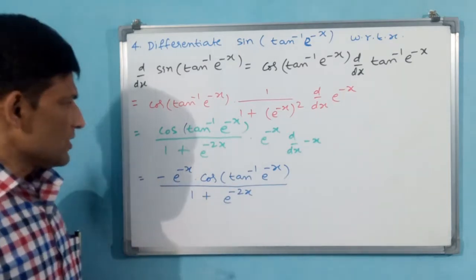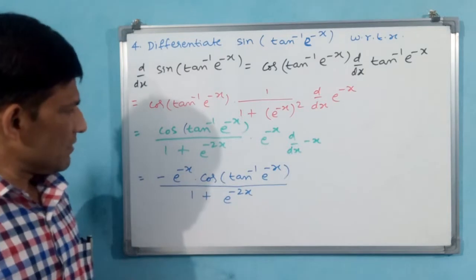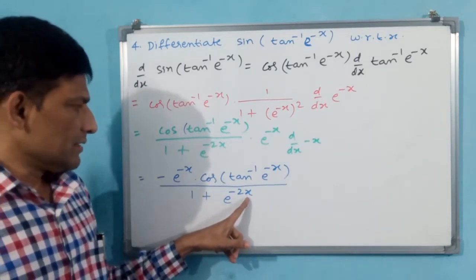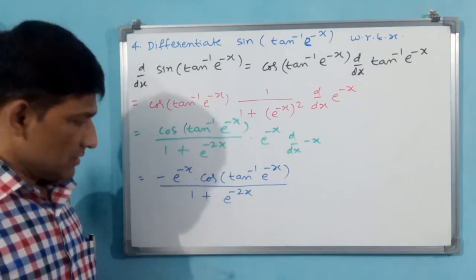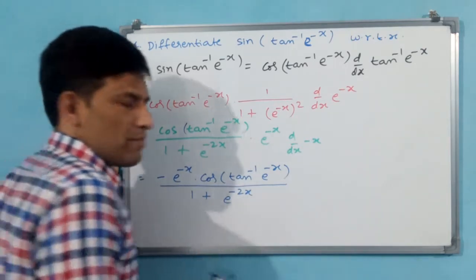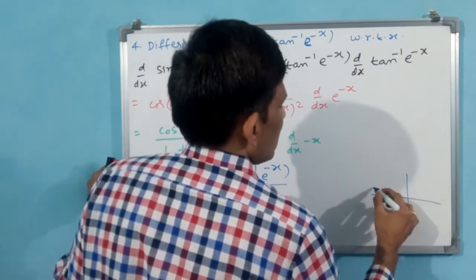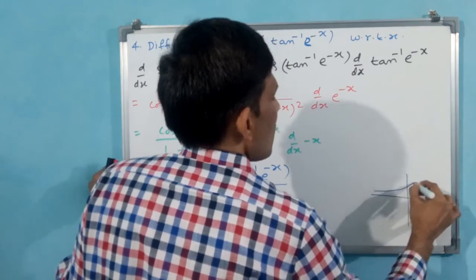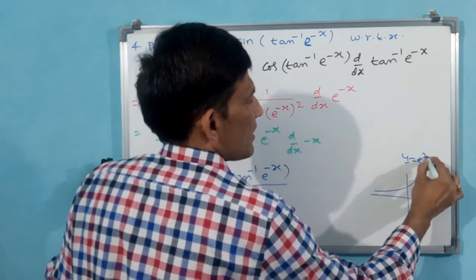Now you see, is any restriction on the domain there? Think: this is an exponential function. The value of e we know is 2.718, and even the exponential function graph we know. This is the graph of y is equal to e power x.